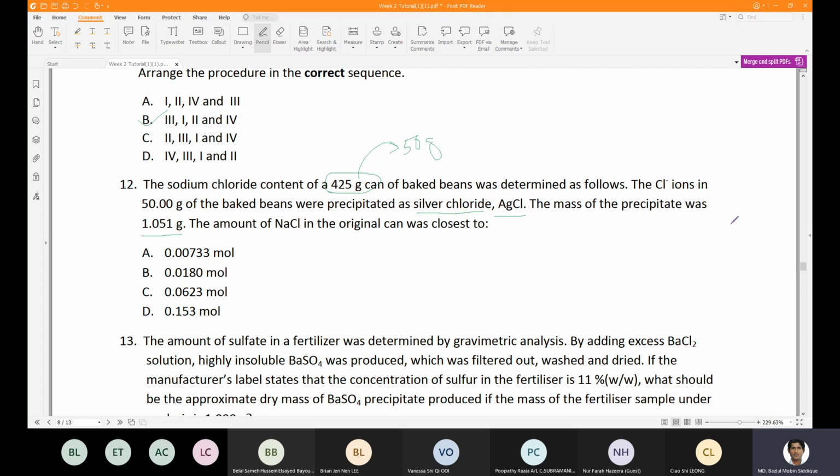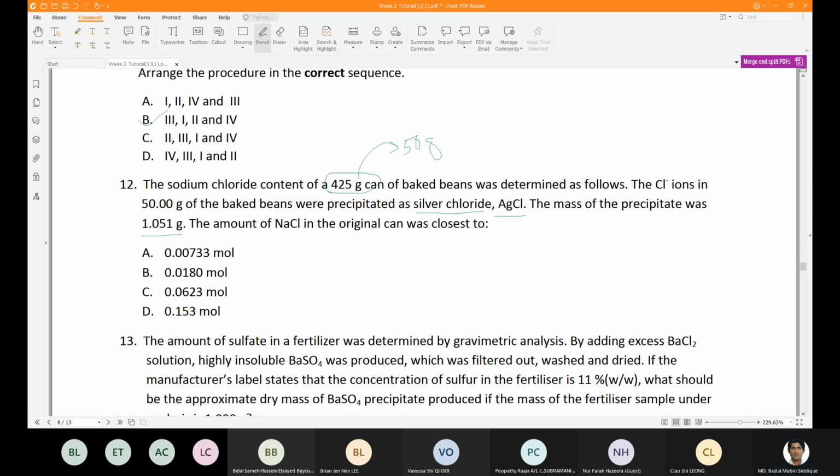The mass of the precipitate, whichever came out from the solution, was 1.051 gram. The amount of sodium chloride in the original can was closest to what? In the whole can, how much is the total amount of sodium chloride?